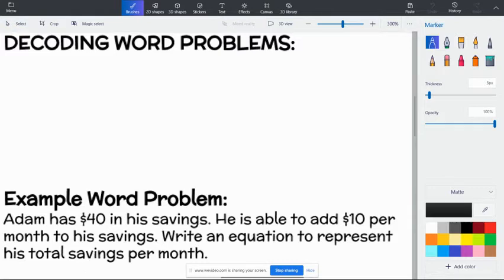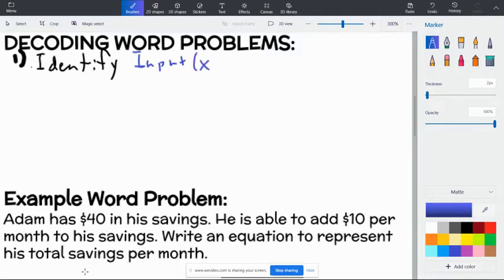So if you look with me, we can write number one. And our first step we can do is identify our inputs and our outputs. Let me keep our input as blue just for now.